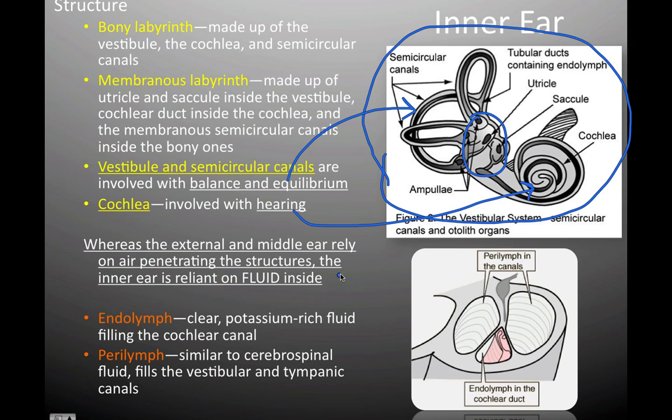We've already mentioned that the external and middle ear rely on air penetrating those cavities, whereas the inner ear, all of this structure here, is filled with fluid. The fluid winds up in different places. Endolymph is a clear, potassium-rich fluid that fills the cochlear canal. If you were able to cut open this snail shell-like structure, you would find two big cavities and one triangular one.